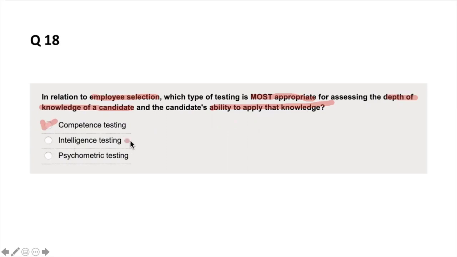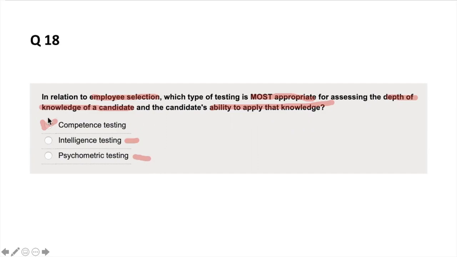Intelligence testing has to do with comparison between two people. So you're not comparing here. You're doing a test to find out if someone has the knowledge and also the ability to apply that knowledge, to use that knowledge. Intelligence is part of that, but you usually are comparing between two people. There's no comparison here in this question. And psychometric testing has to do with personality.